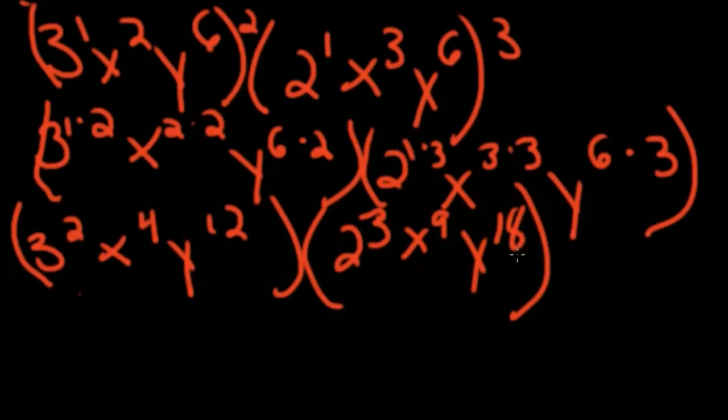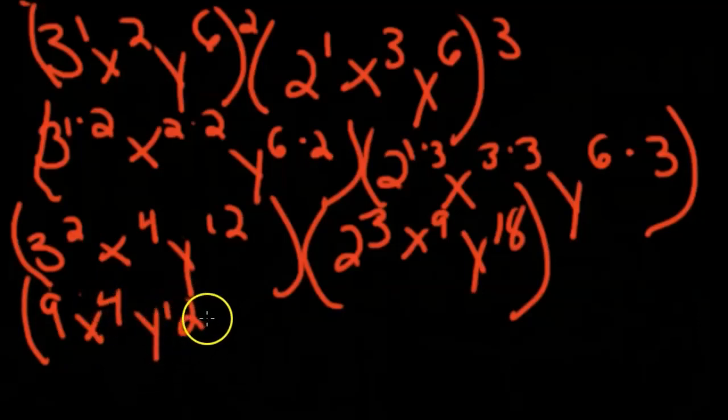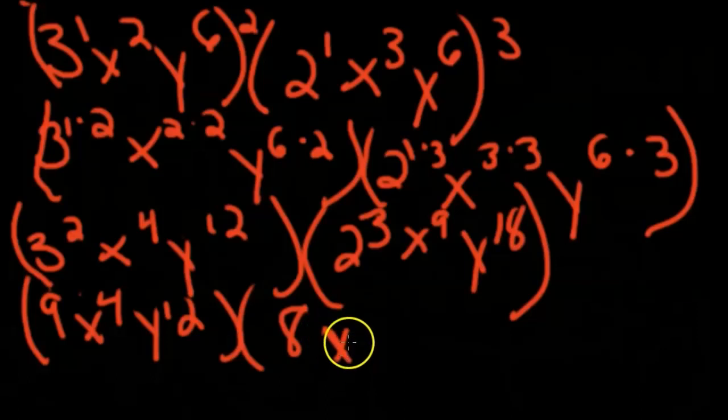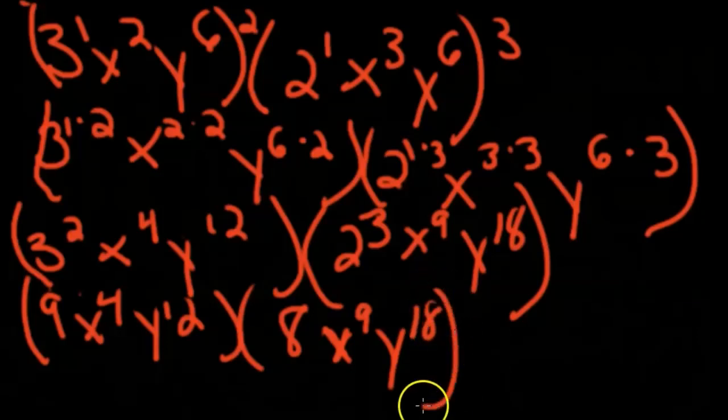From here, we figure out what the coefficients are. So we have 9x to the 4th, y to the 12th. And then we have 2 to the 3rd is 8, x to the 9th power, y to the 18th power.